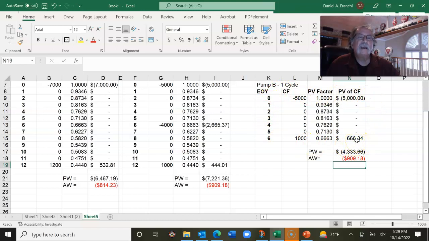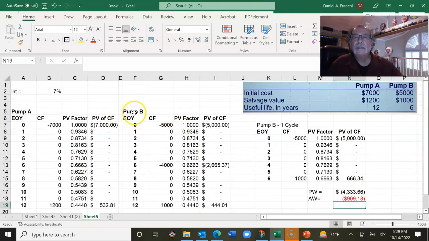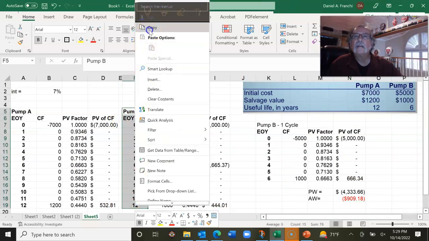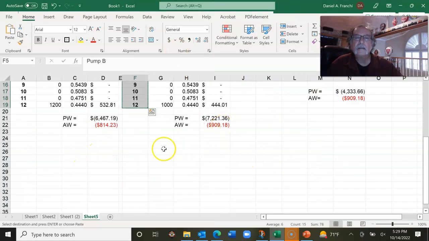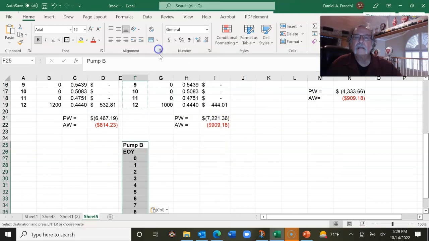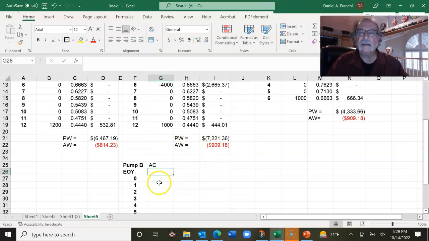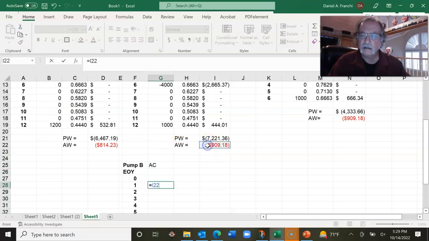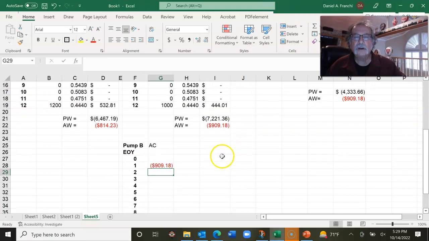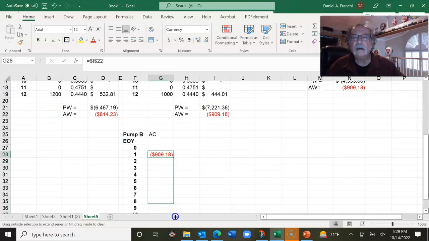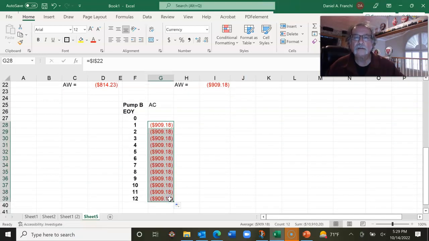Why is that? Well, if you think about it, what we've done here is we've said our annual cost of pump B is 909.18. And so we're going to do that for 12 years.